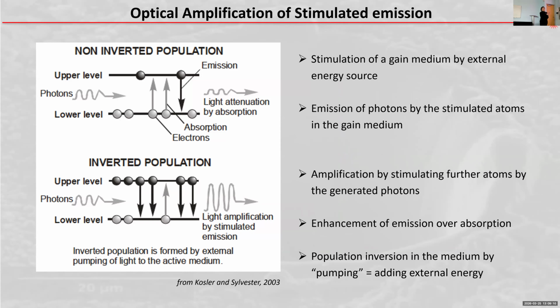And so just very briefly, for anyone who is not deeply into laser physics like me, stimulated emission is basically based on an external energy source stimulating electrons in a certain medium to a higher, unstable energy level. While the electrons fall back, they emit the light.